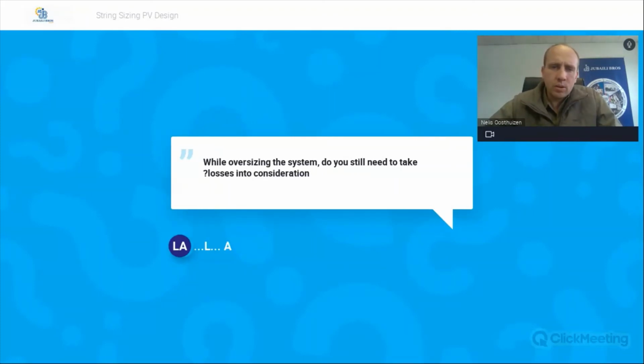Next question from Lawrence. While oversizing the system, do you still need to take losses into consideration? So if you're on a typical DC to AC ratio, you do not take the losses into consideration. Then you would just say 100 kilowatt, I'm going to use 130 kilowatt DC.